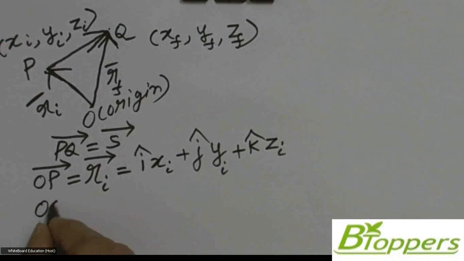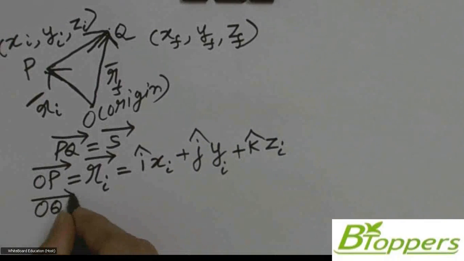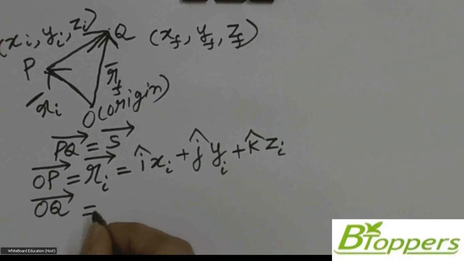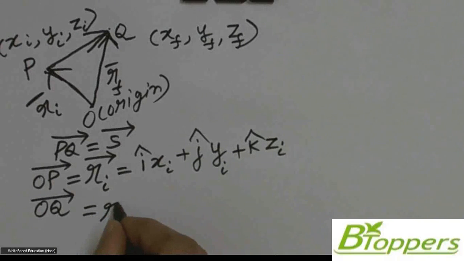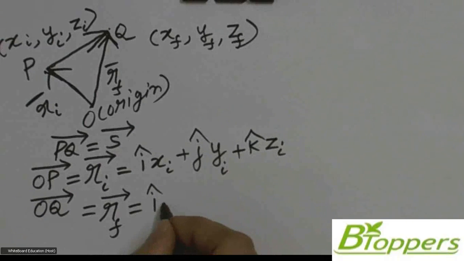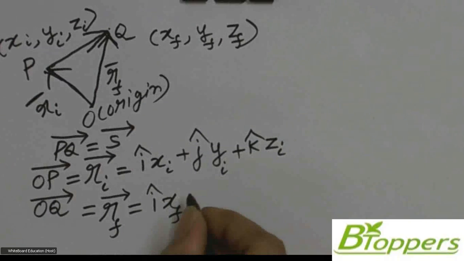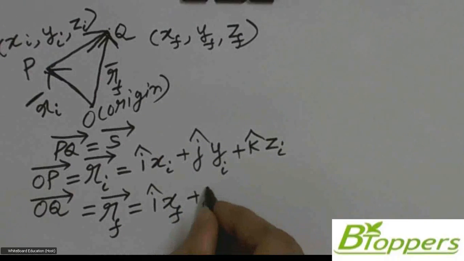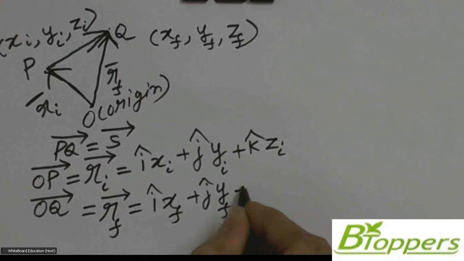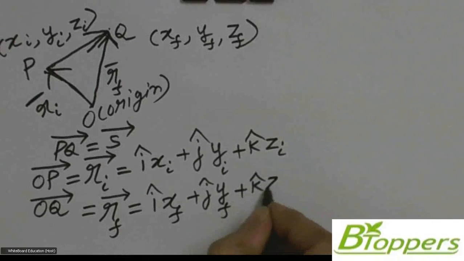Similarly, the directed line segment OQ bar represents the position vector of the final position of the particle, denoted by RF bar, which you can write as i cap into xf plus j cap into yf plus k cap into zf.